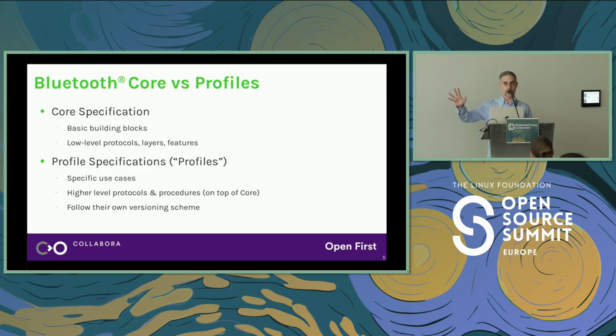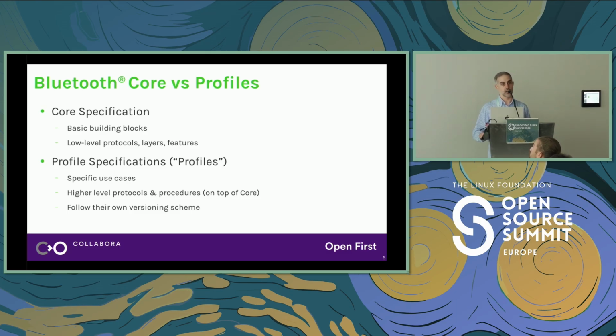Before I dive in and start explaining the history, I want to clarify a little bit the terminology that I'm going to use. I don't know if you're familiar already with Bluetooth. Bluetooth is basically a set of specifications, and it is divided into two categories.